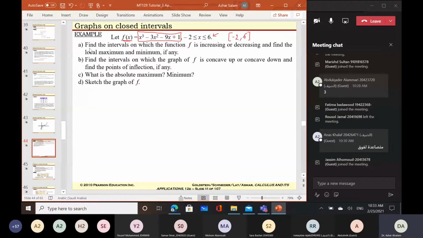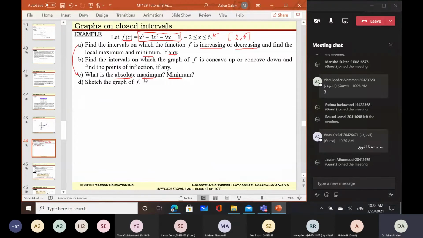The question here is, find the intervals on which the function is increasing or decreasing, and find the maximum and minimum, if any. And related to it, I can find this question: what is the absolute maximum or minimum?